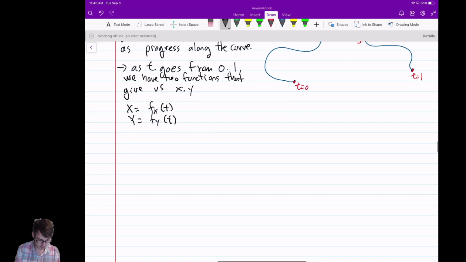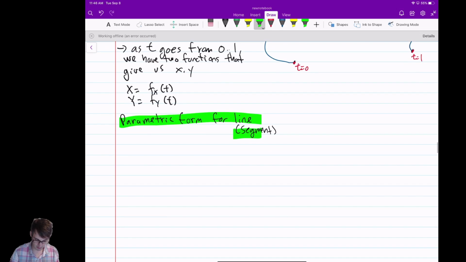Okay? So let's parameterize a line. So parametric form for a line. And I'm going to put segment in here because really in graphics we don't work with lines, we work with line segments, right? So let's see what this might look like. So I'm going to graph over here.